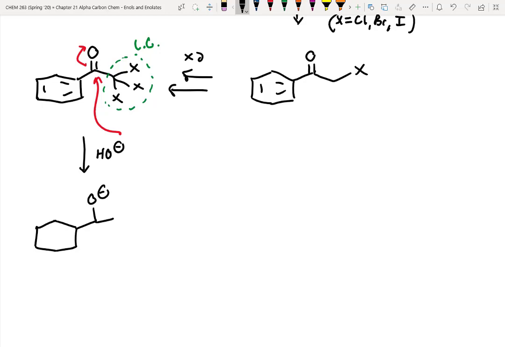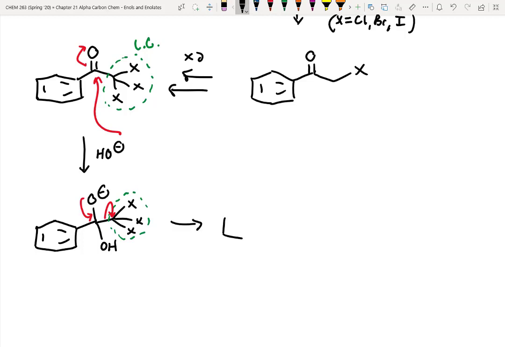We'll get a negative charge. And like I said, this is set up to be a good leaving group. And we can kick this down and now dump off that carbon. Let me clean up this arrow a little bit.